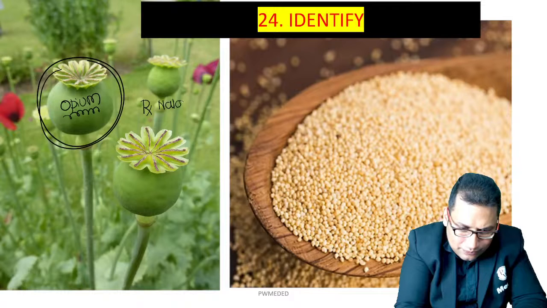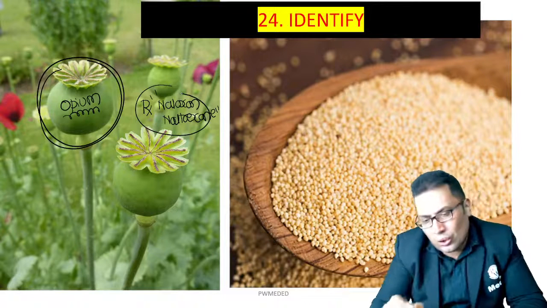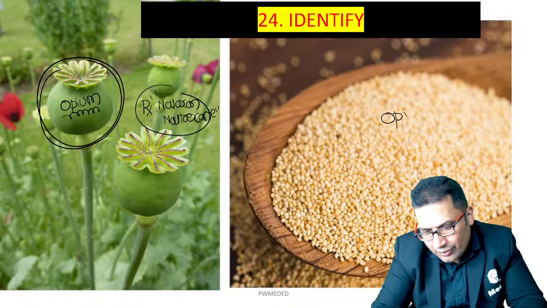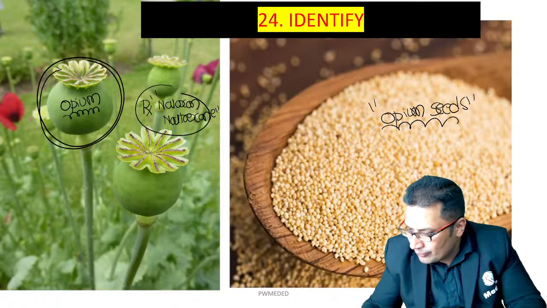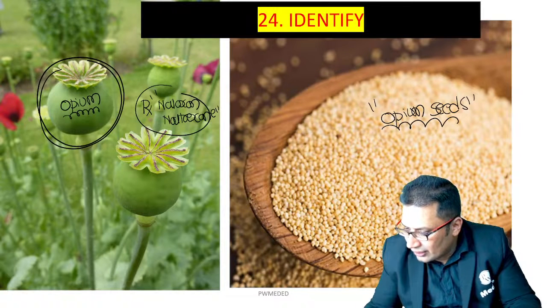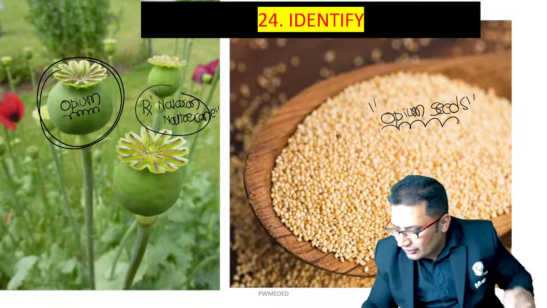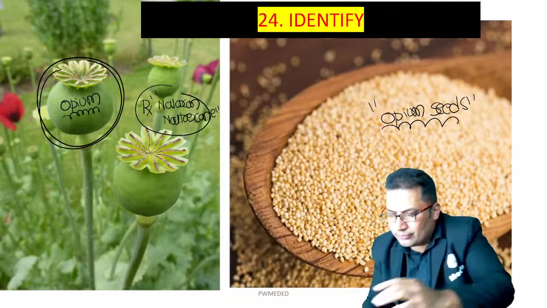Naloxone, naltrexone. And all these are opium seeds. Opium seeds are non-poisonous. Okay.